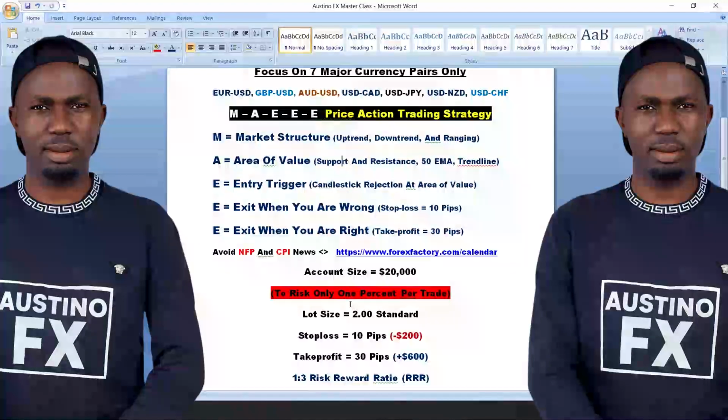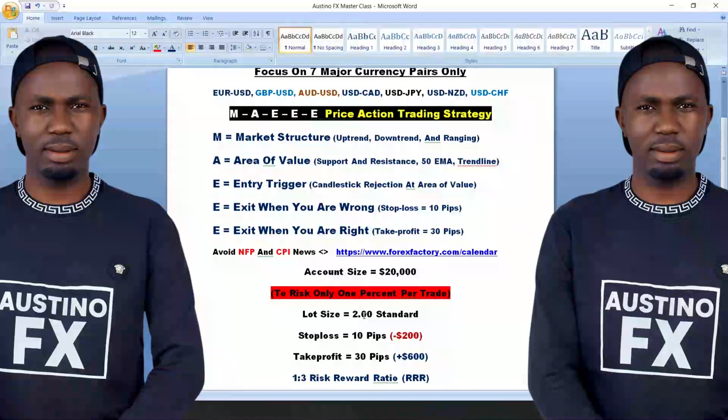People that have 3 million in their trading account can use 100 standard lots. But as a beginner trader, if you have $10,000 or $20,000, you can use the standard lot size. So for the fact that my account size is $20,000, I'm using the 2 standard lot size.